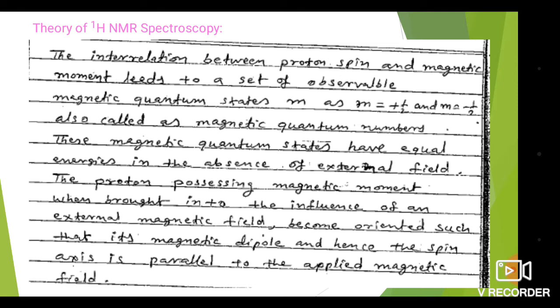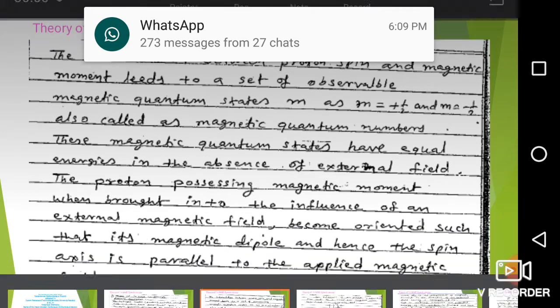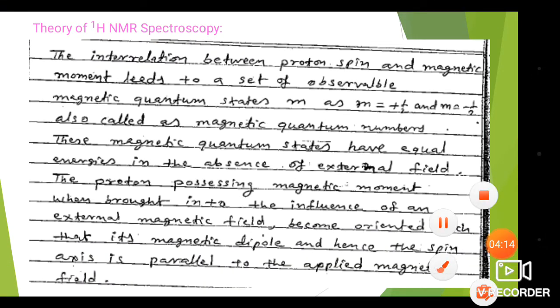The proton possessing a magnetic moment, when brought under the influence of an external magnetic field, becomes oriented such that its magnetic dipole, and hence the spin axis, is parallel to the applied magnetic field. When we apply the external magnetic field to a spinning proton, the orientation of the proton changes and it aligns parallel to the applied magnetic field.